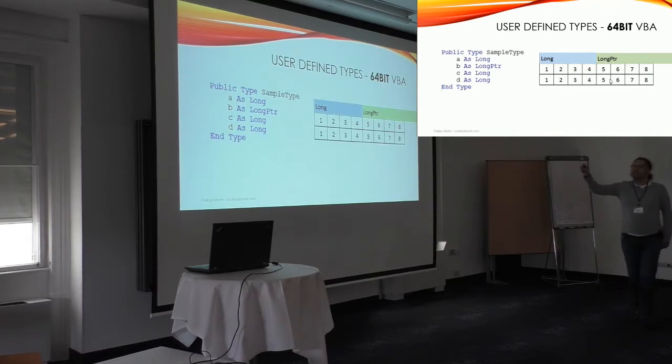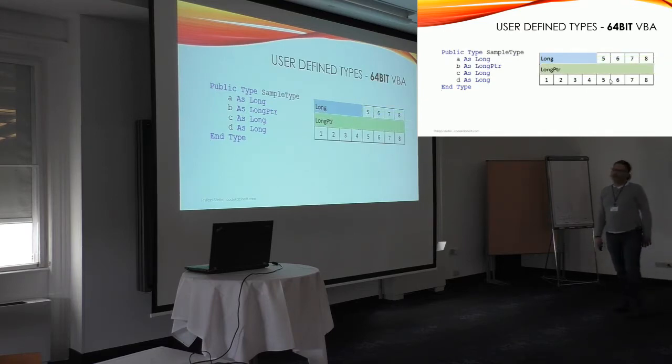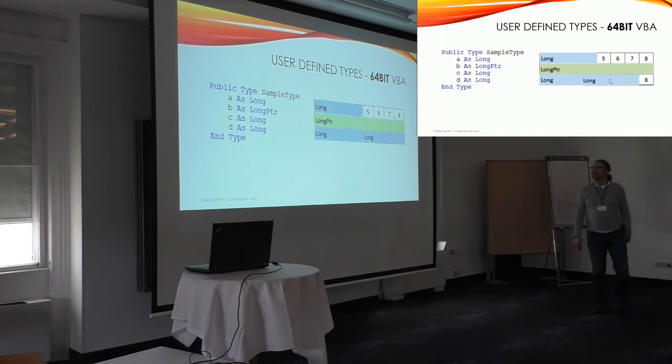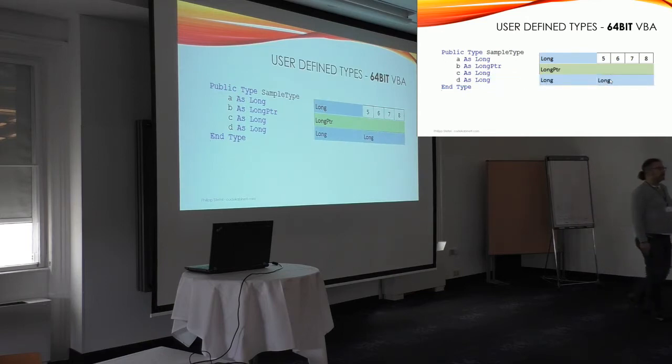And it will not be broken up into 2 different chunks of memory, so it is moved to the next chunk. And then the 2 longs pretty easily fit together in 1 chunk of memory. So our memory for that sample type is laid out in that way.